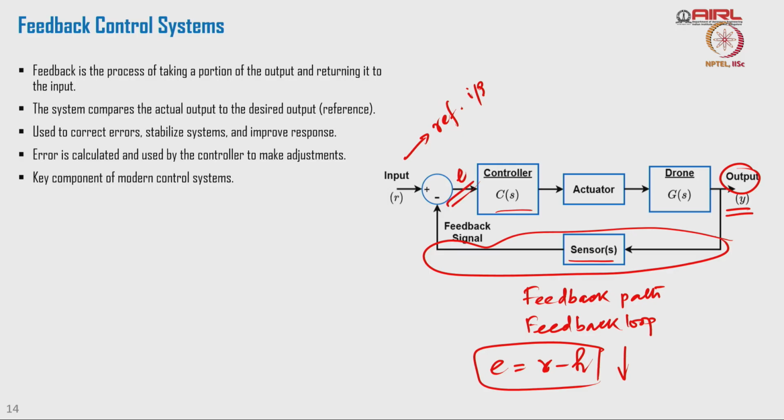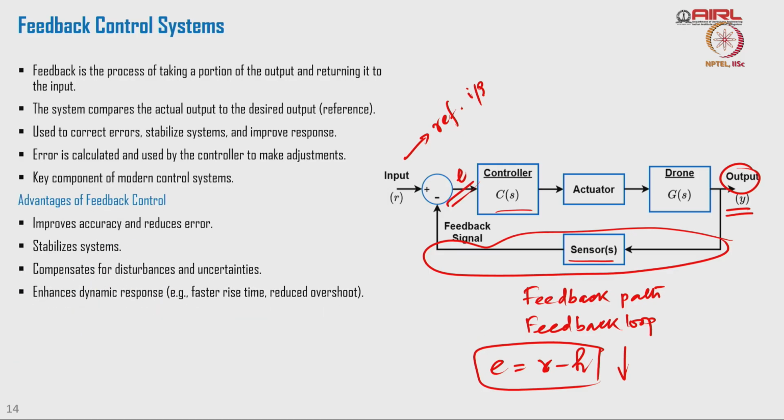The key components of modern control systems are the controller, then the actuator, which are the motors for drone propellers, then the drone, which is the main system or plant, and when we talk about sensors, these are the feedback elements.